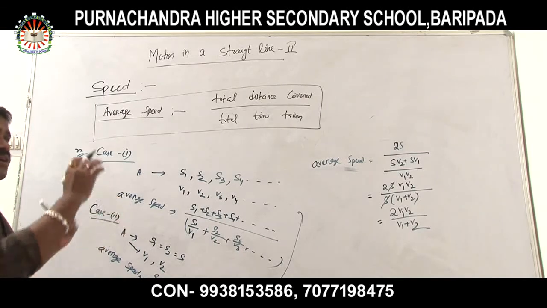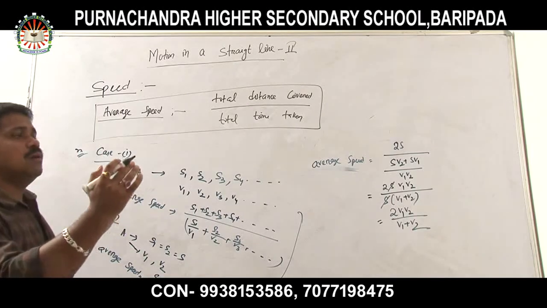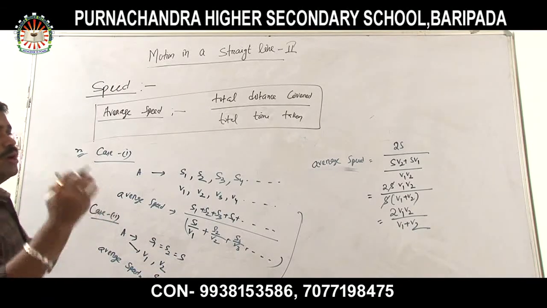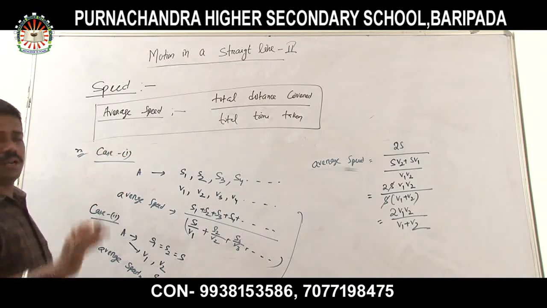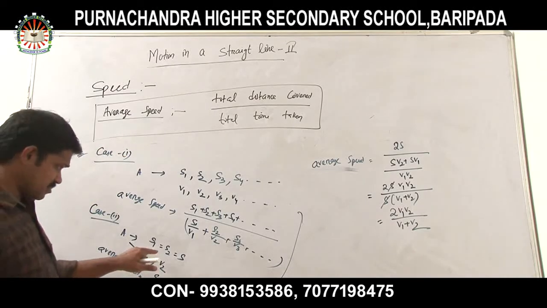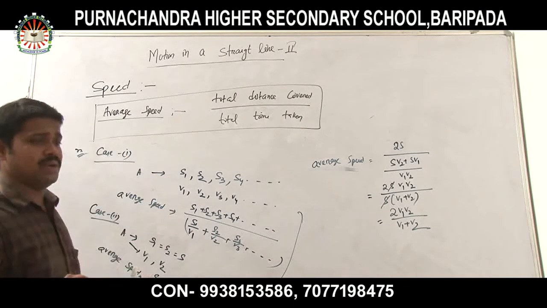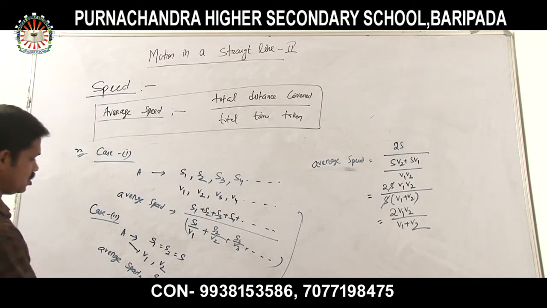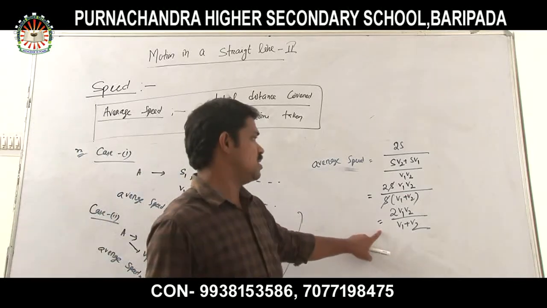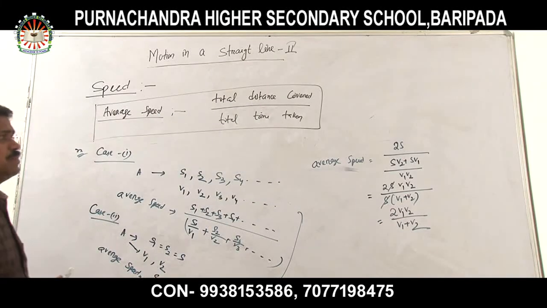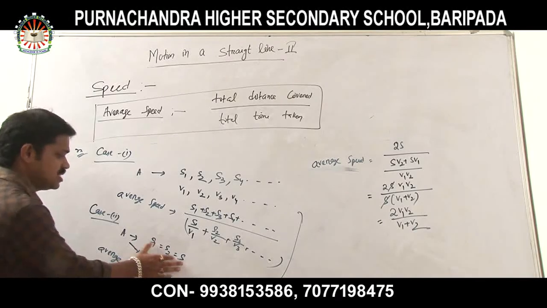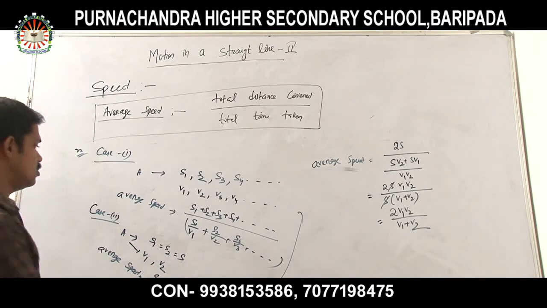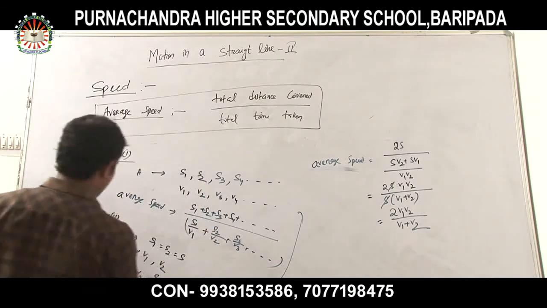Suppose the object covers 10 meters at 5 meters per second, and then the same 10 meters again at 20 meters per second. In this situation the average speed formula is simply 2 V1 V2 divided by V1 plus V2, if the distance remains the same but the velocity is different. Understood? This is case number 2. Then come to case number 3.